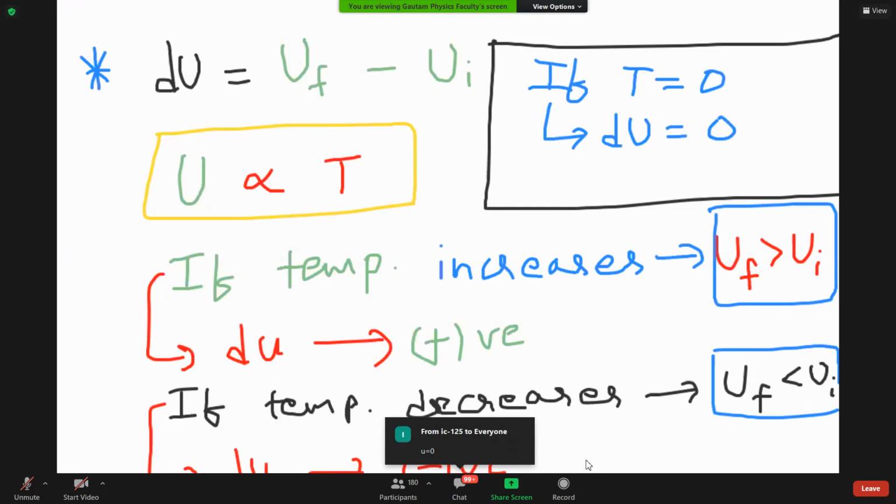Because here internal energy is the same: U final is equal to U initial. So change in internal energy of the system is 0 if temperature is constant. I hope you got an idea about change in internal energy. For the objective point of view, this information is essential. Now let us see the next most beautiful one.